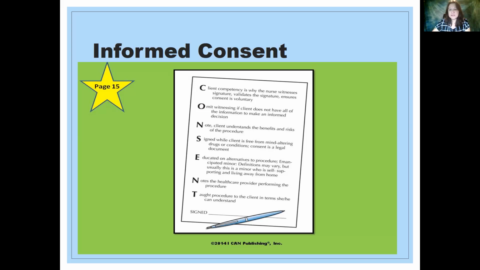And if you feel like the client needs further information, then you need to provide that, or you need to communicate that to the healthcare provider. It is the healthcare provider's responsibility to make sure that the patient is educated about the informed consent. So we'll have an example that we'll do when we have our live session that hopefully will help you understand your role in informed consent.